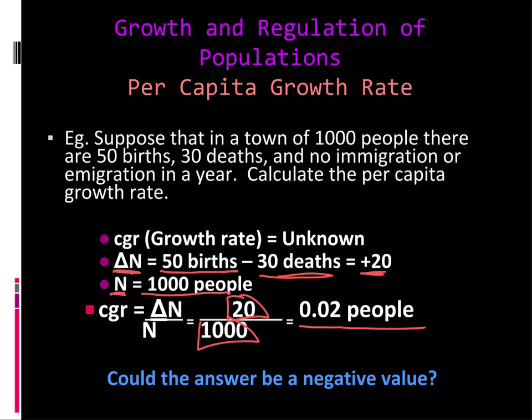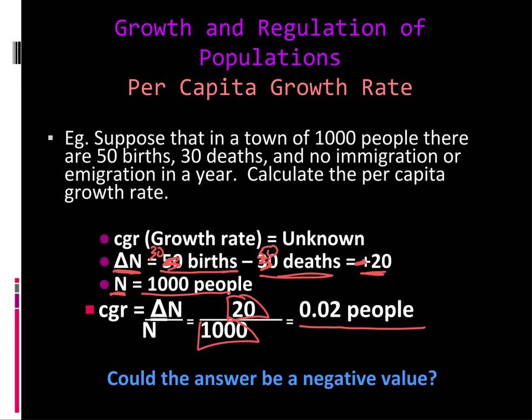So could the answer be a negative value? That's a great question to ask. And the answer, very straightforward, is yes. Let's say we change these values slightly here, and we go 30 births, 50 deaths. We now get negative 20 people.